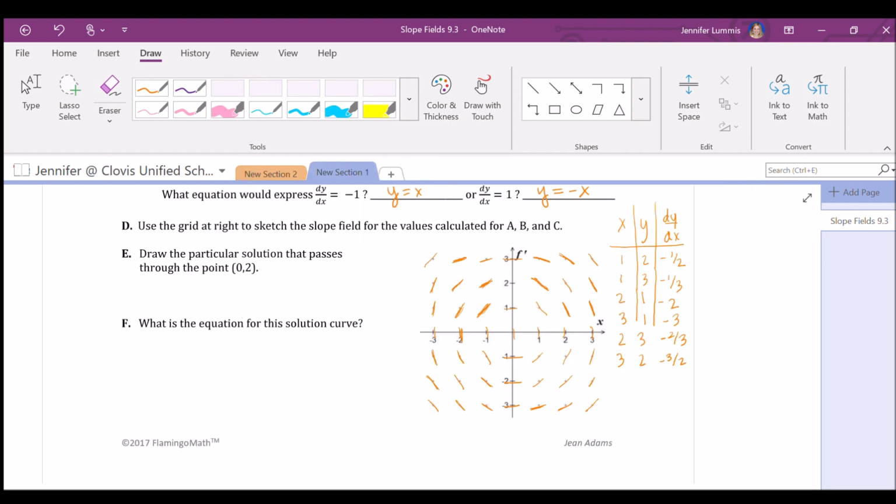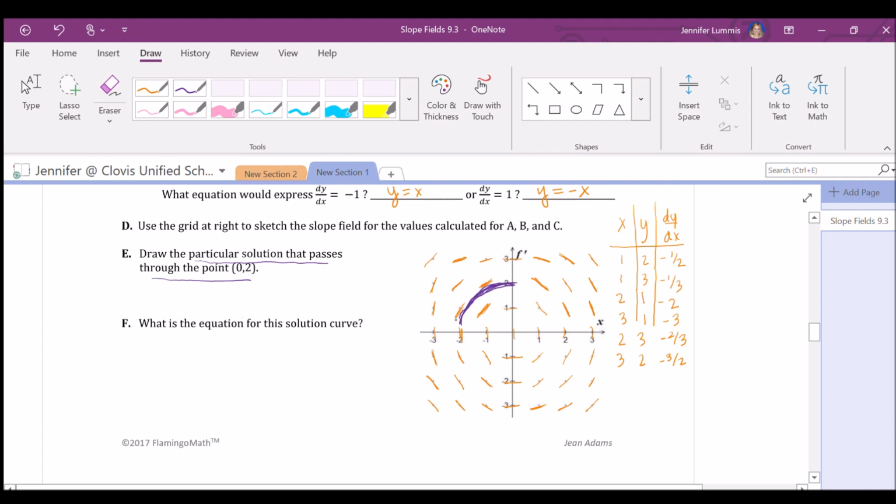So now that we have a finished slope field, we're going to continue on with part E, which asks us to draw the particular solution that passes through the point 0, 2. So we're going to come up here to the point 0, 2, and we are going to follow our slopes around here.